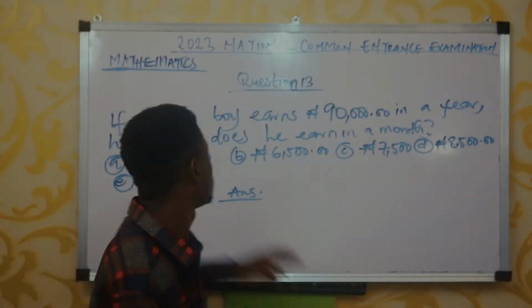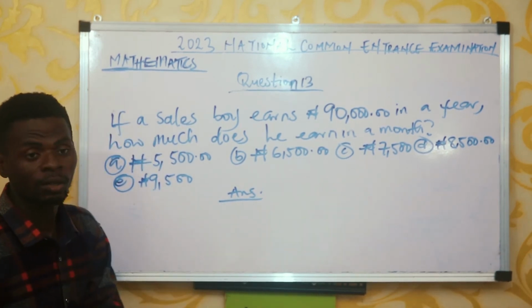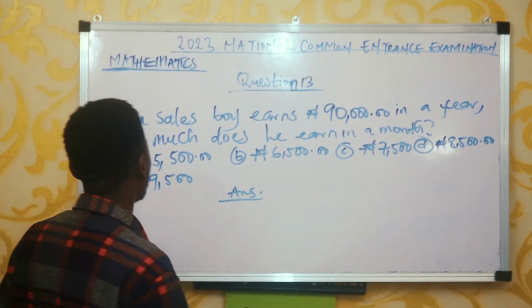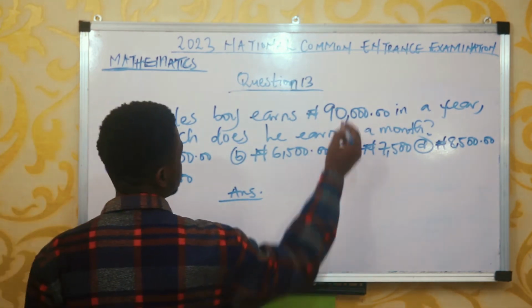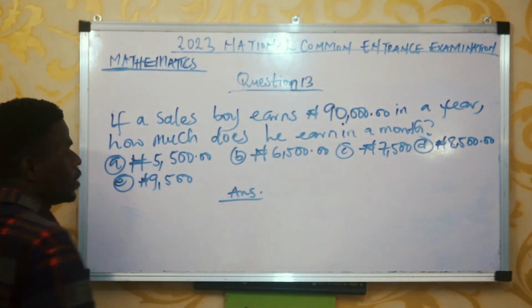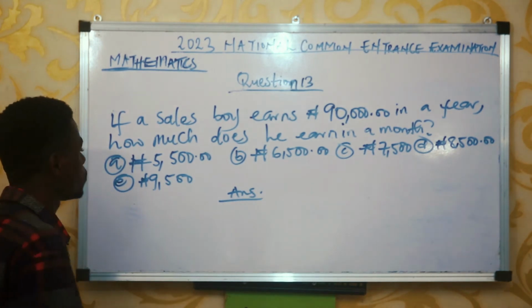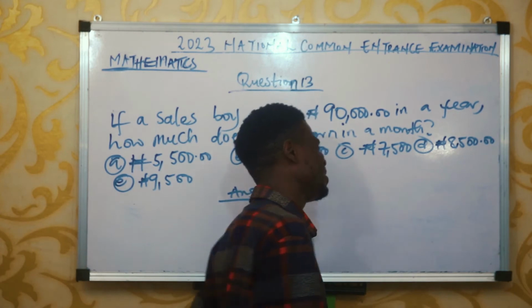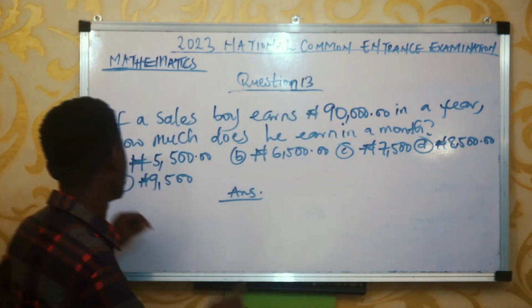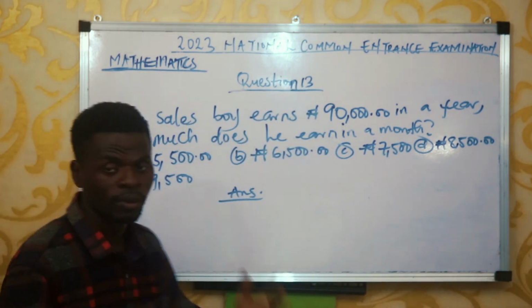Question 13 says that if a sales boy earns 90,000 naira in a year, how much does he earn in a month? A. 5,500 naira. B. 6,500 naira. C. 7,500 naira. D. 8,500 naira. Then E. 9,500 naira.